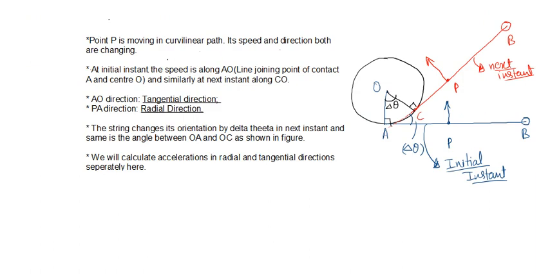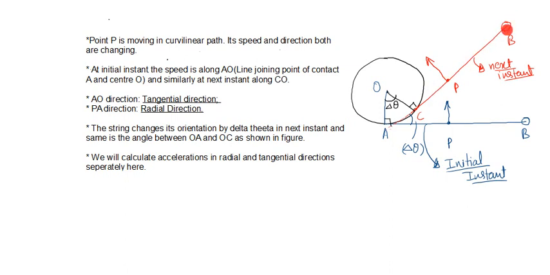Now point P is moving. As you can see in this figure, I have shown the orientation of the string at two different instants. At the initial instant, the string was horizontal, and at any later instant, it is making some angle with the horizontal. So its orientation has changed.